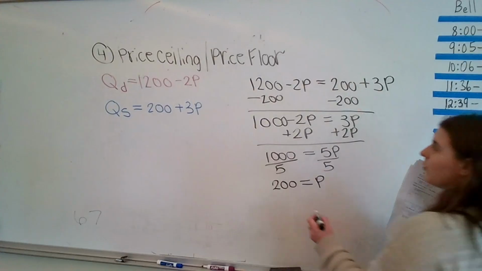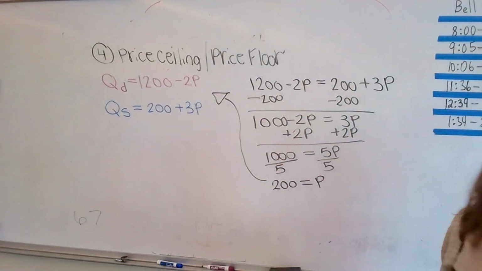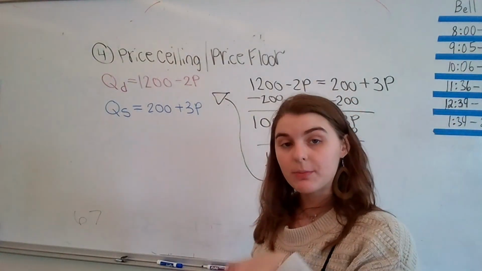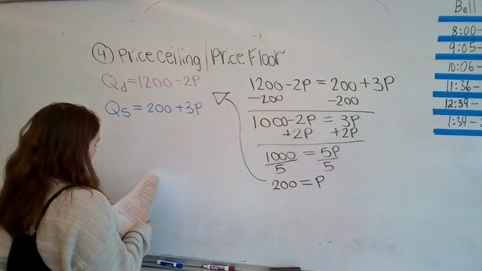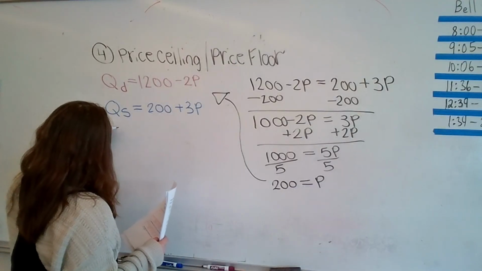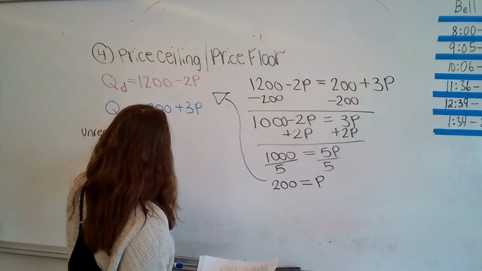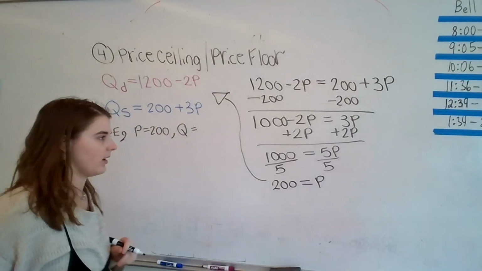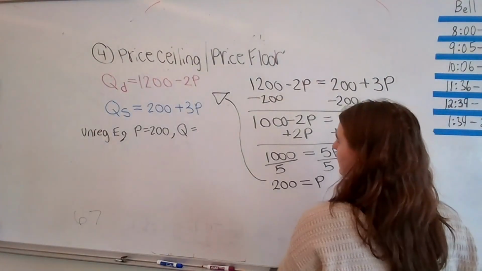What do we do now? We plug this value back in, right? Now we gotta find our quantity. We gotta make sure if we're in equilibrium that our quantity for supply and our quantity for demand are equal. So this is our unregulated equilibrium. In this case, we've decided P is 200, and now we need to find Q. So let's plug this in.